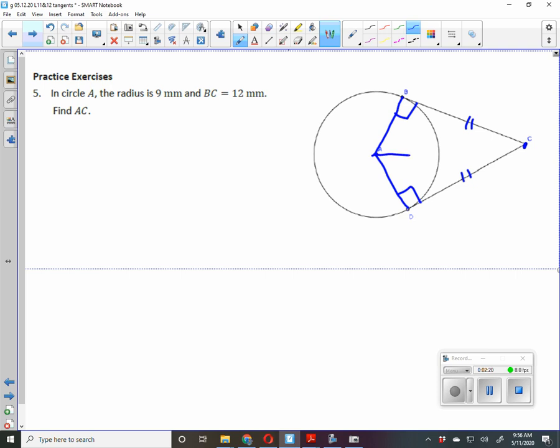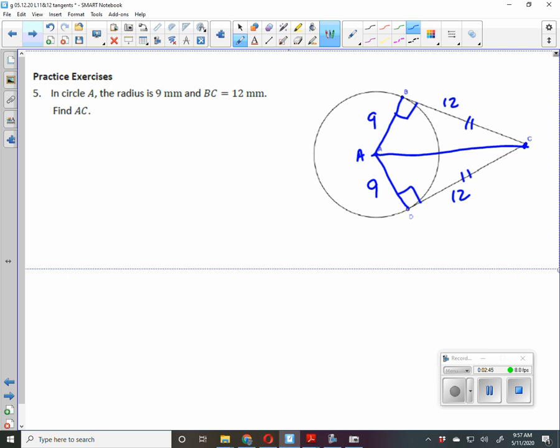So notice what we end up with is 2 identical triangles. Circle A has a radius of 9, so that's 9 and that's 9. And BC is 12, and 12. That's a 9, 12, right?